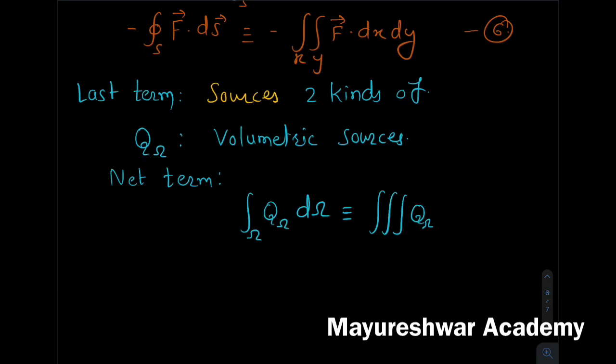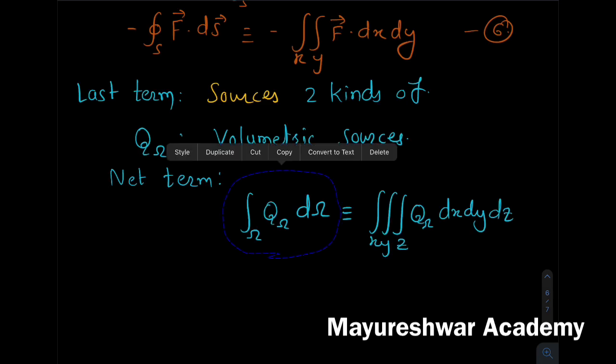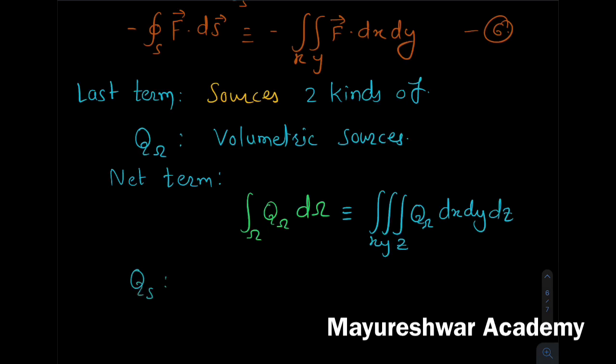Again we need to note this is equivalent to the volumetric integral which is dx dy dz. Okay, so let us try to change this style to the expression or the statement part.